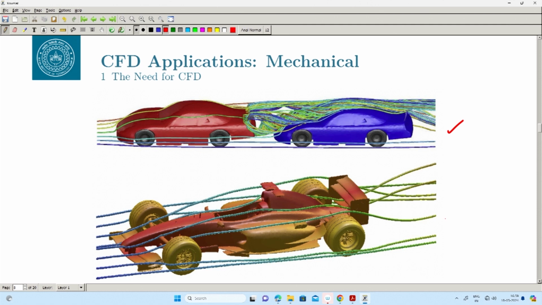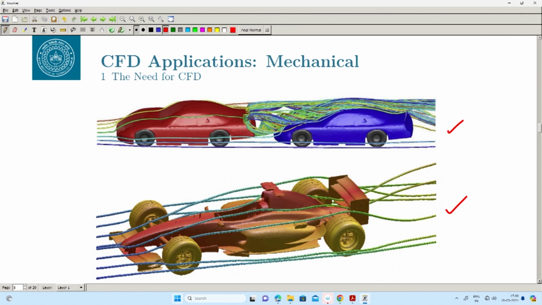The bottom one is your Formula 1 car, and you strive for the best design, which offers the least resistance and has certain maneuverability, okay. When you desire the best performance, CFD is a very useful tool. How to design your flap, how to design a spoiler, all those things you could do using CFD.